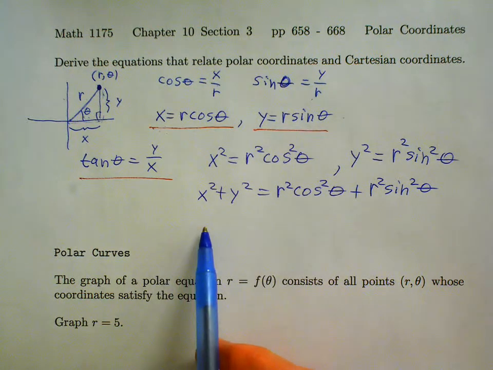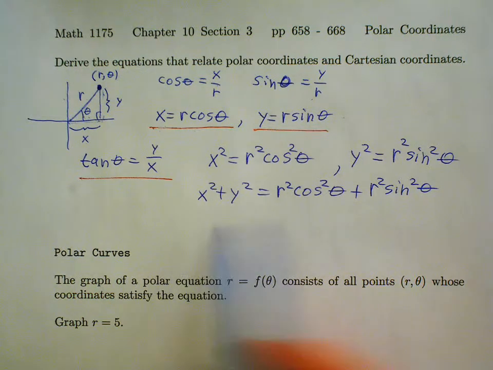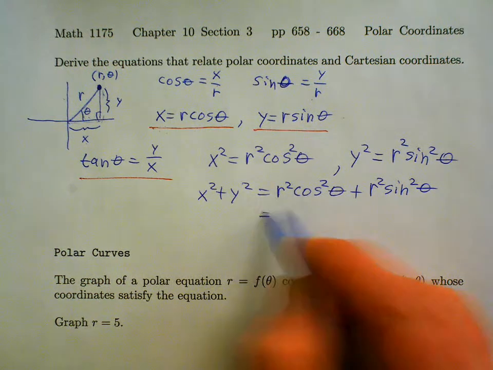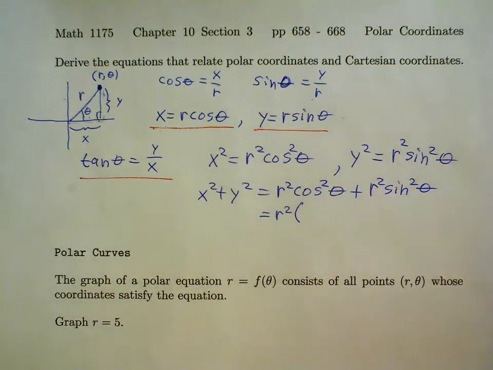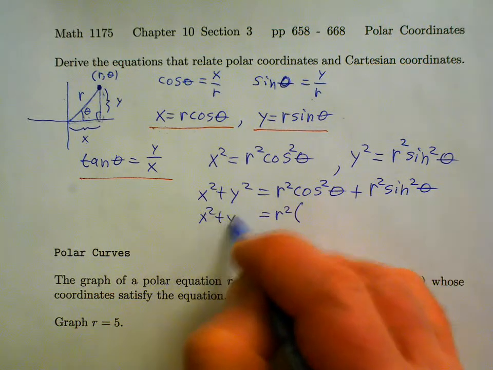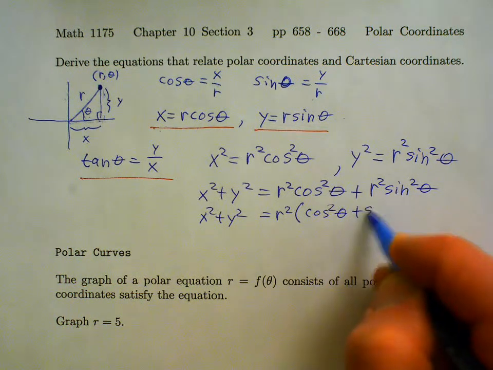And then what? Well, if we factor r squared out of the right-hand side, we get r squared times the quantity cosine of theta squared plus sine of theta squared.